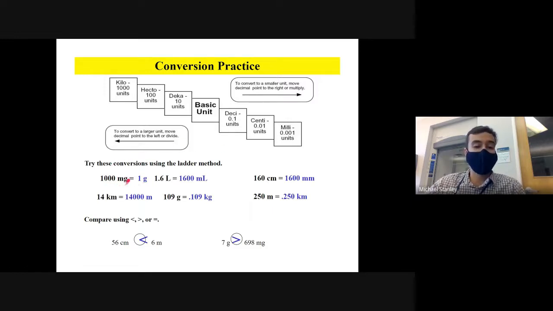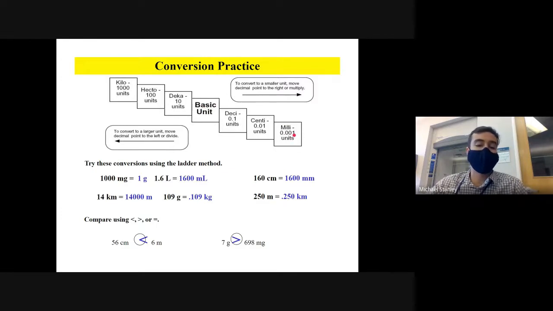So our starting measurement is milligrams. So milli is our starting unit down here. Our ending unit is grams, which is one of our basic units. So grams is right here. So to go from milli to grams, I'm going to go 1, 2, 3 jumps to the left, right?